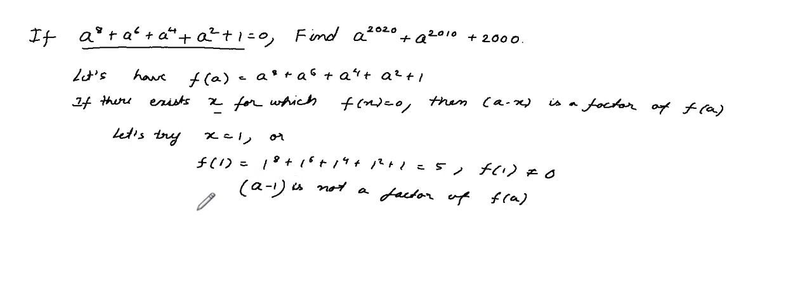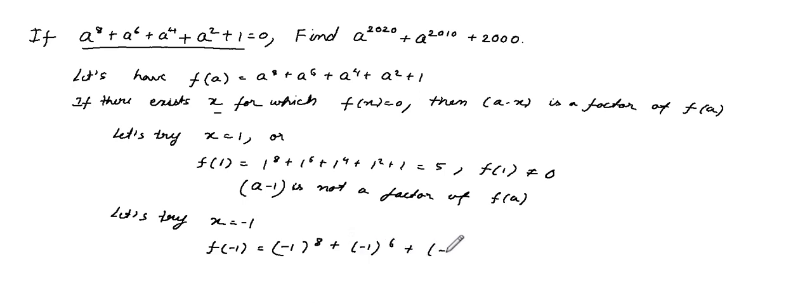Now let's try one more time with x is equal to minus 1. So f of minus 1 will be minus 1 to the power 8 plus minus 1 to the power 6 plus minus 1 to the power 4 plus minus 1 to the power 2 plus 1. Again it is 5.